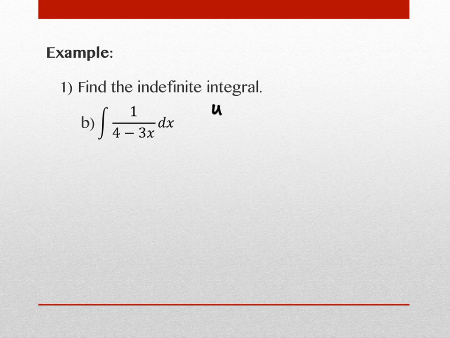And the way that works is that we're going to let the denominator be u. So then, what is du? Remember, that means derivative of u. -3, and then dx. So in our question that we're originally given, this piece gets replaced by u.